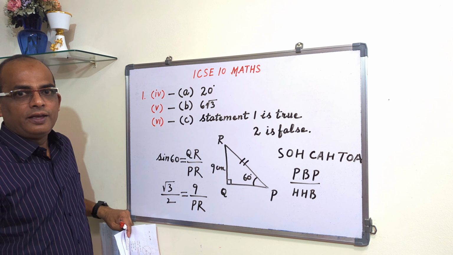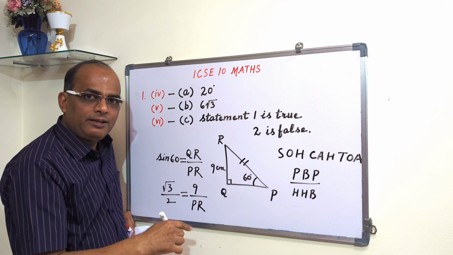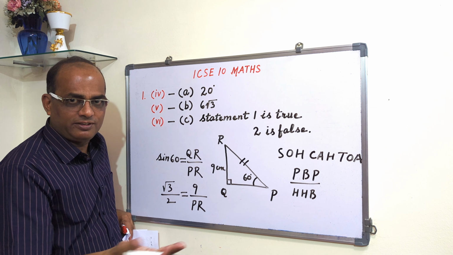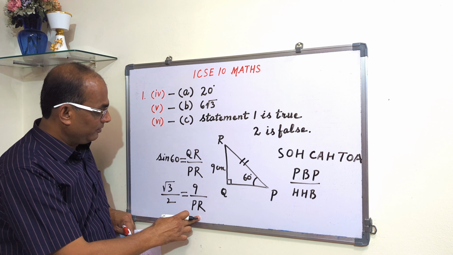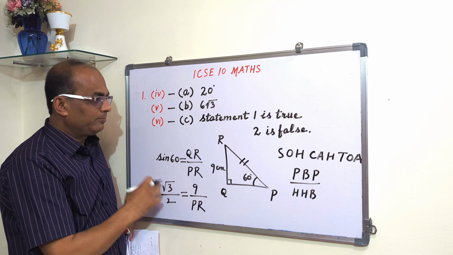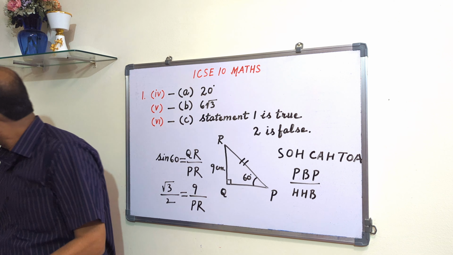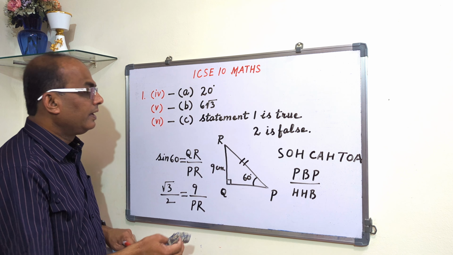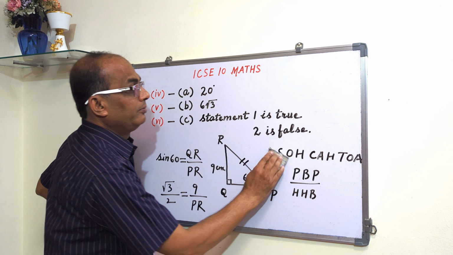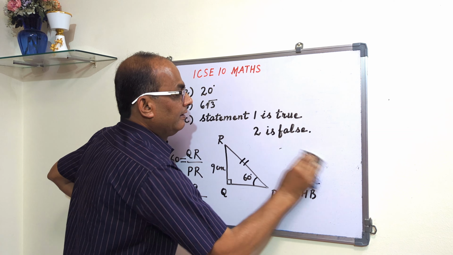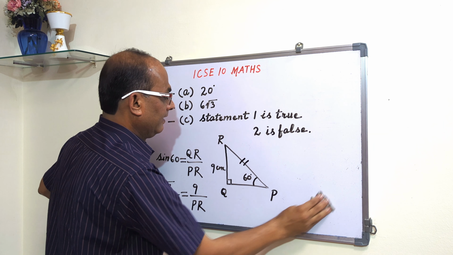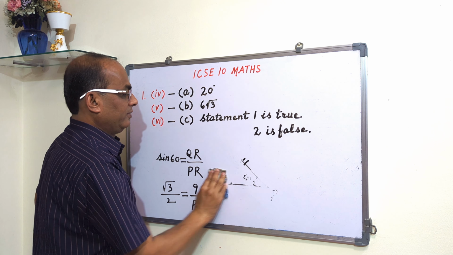Now cross multiply and simplify; there are different ways, a shortcut. So PR is equal to 2 into 9 upon root 3. Let me write that down. I am deleting this part, and this also.